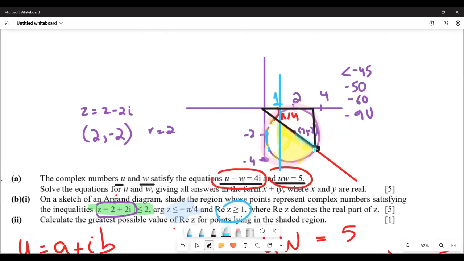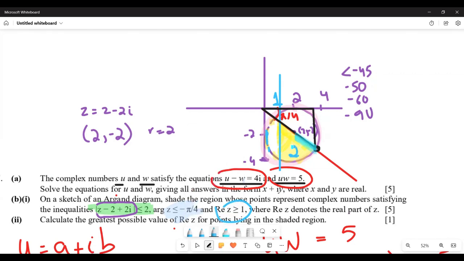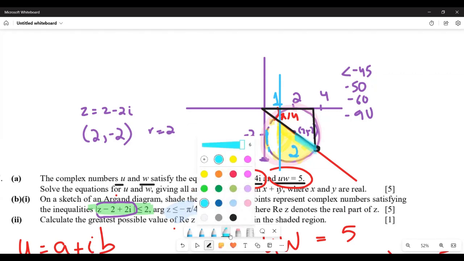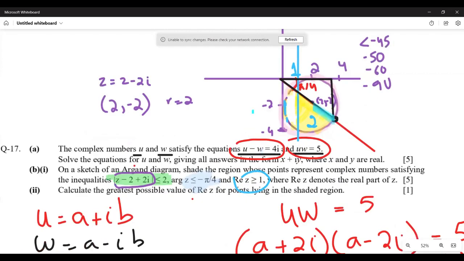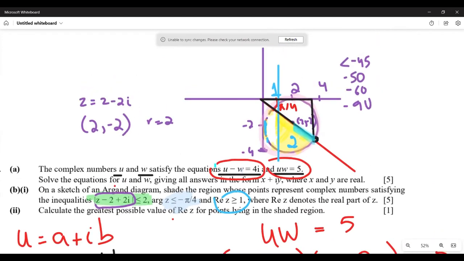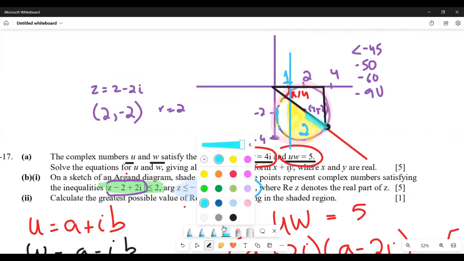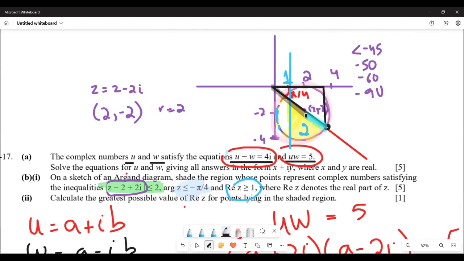From here to here it's 2, the radius of the circle. And I can find the remaining part of the black line. The remaining part of the black line is the length between the origin, which is 0, 0, and the point 2, minus 2.